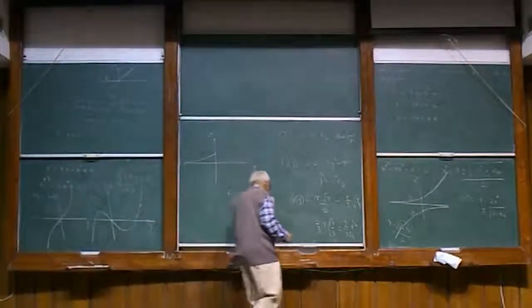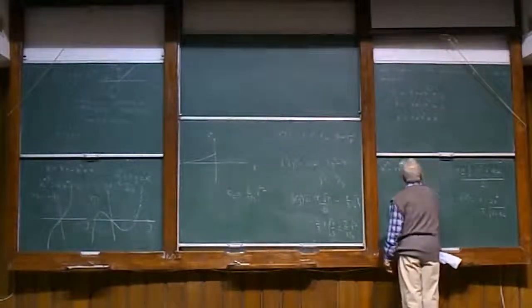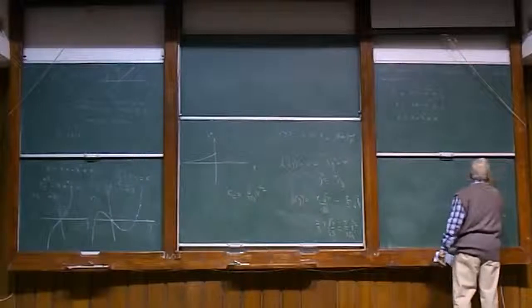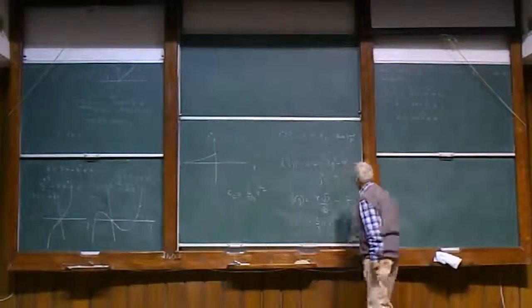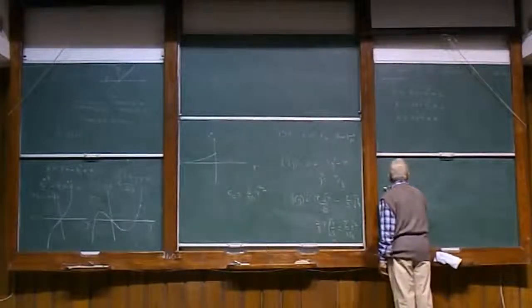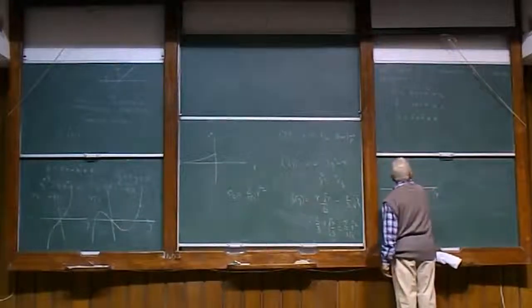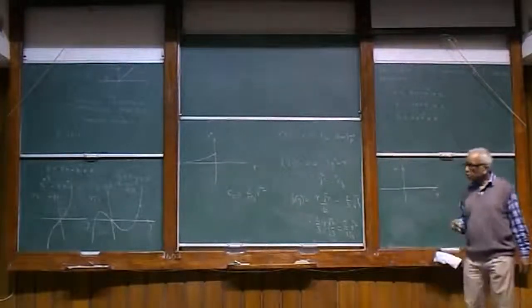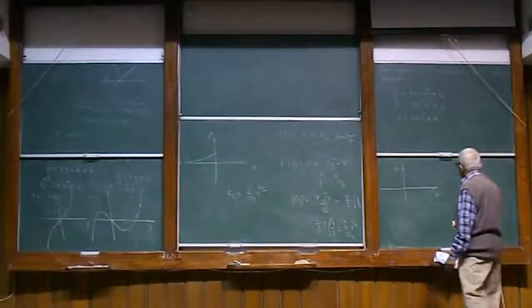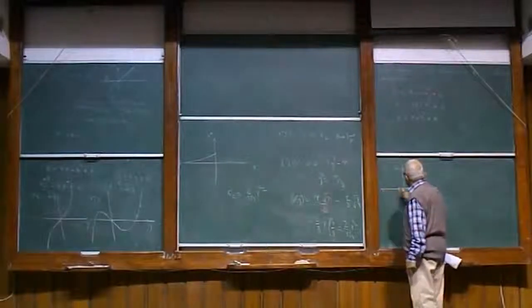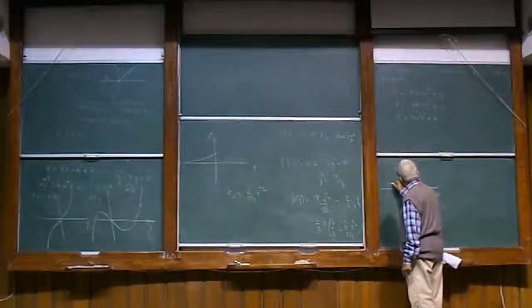I note that if I think of the r epsilon plane, then for r negative, for r less than 0, I always have one fixed point.